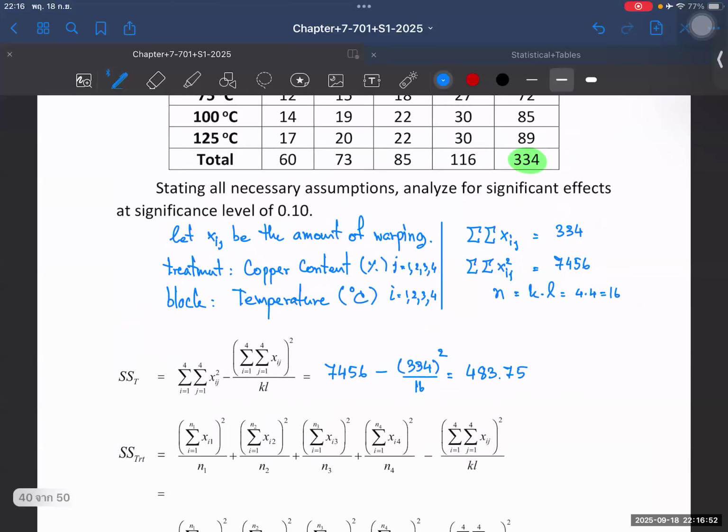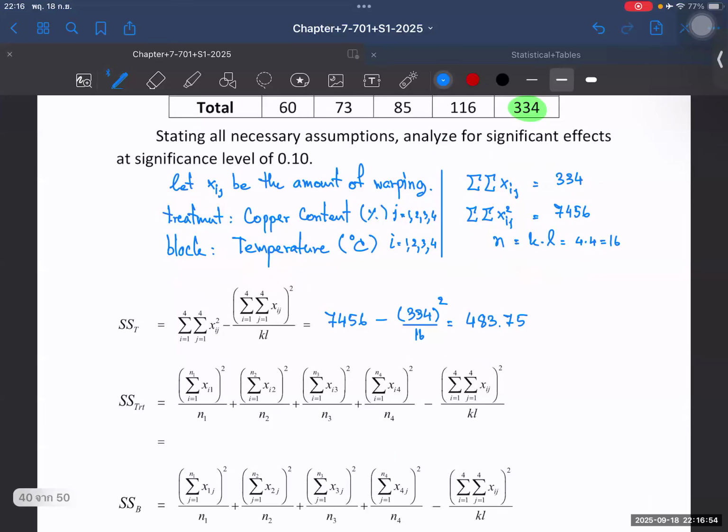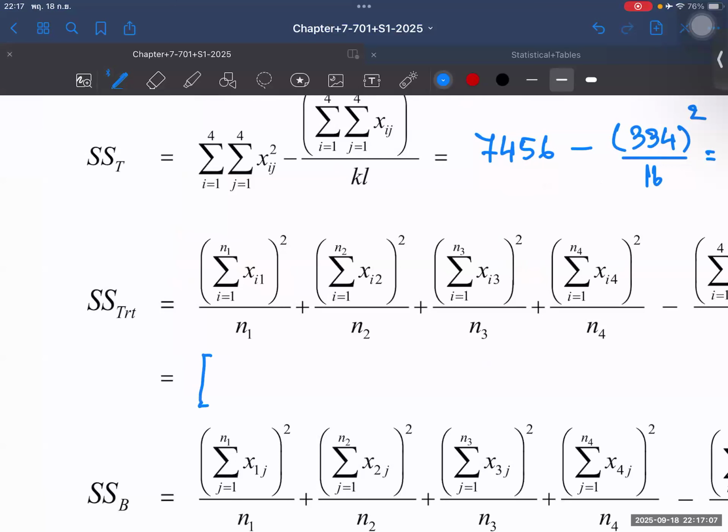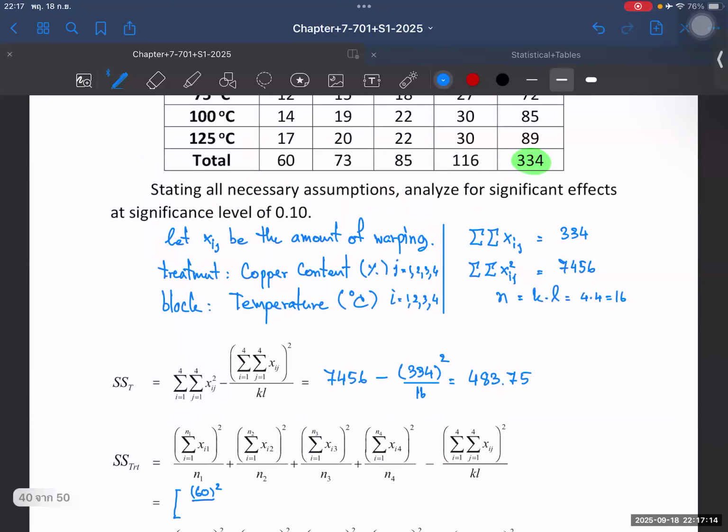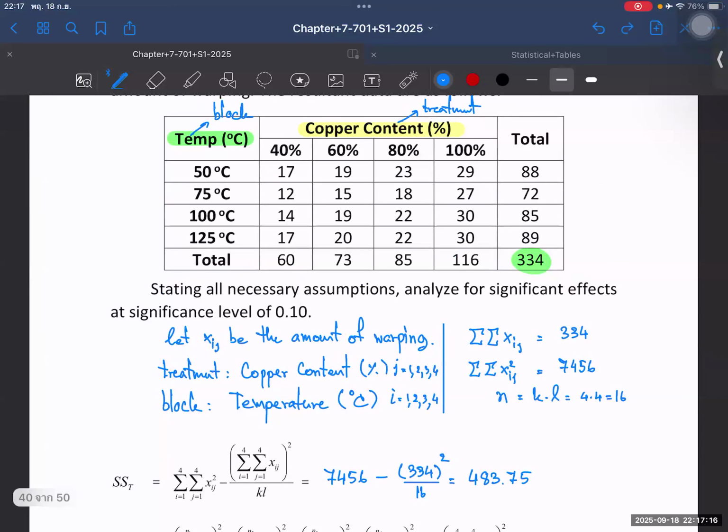And we find the sum of the column squared divided by the sample size. So what are the column numbers? How many in the sample size? It is 4. Okay.